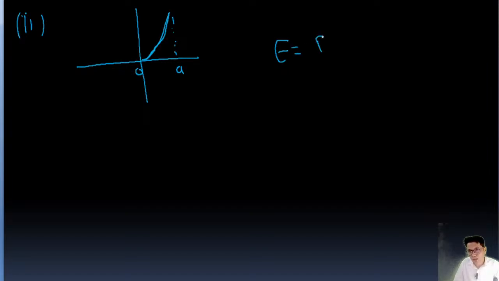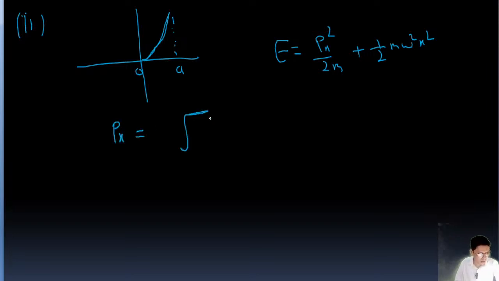Total energy is px square upon 2m plus half m omega square x square, right? So now from here we can get the value of px.